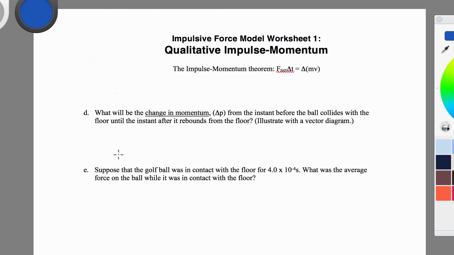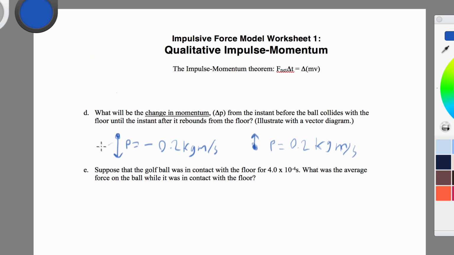So change of momentum. Okay, remember our momentum was 0.2. So we have a ball going down. Its momentum is now negative 0.2 kilogram meters per second. Then after, it's going up, and if it's going the exact same speed, it has the same mass. This will now be a positive 0.2 kilogram meters per second.